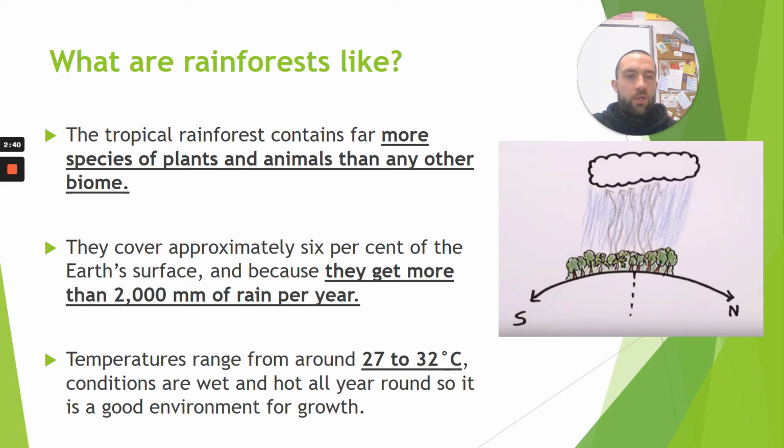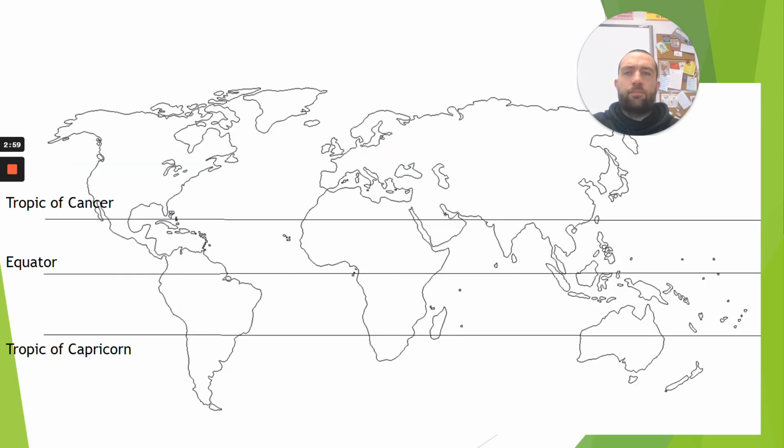But on the flip side, as well as the rain, it's always warm. So the temperature fluctuates between 27 and 32 degrees Celsius. It doesn't really go any lower or higher than that. So it's warm all year round and it's wet all year round. And that becomes more important in the next couple of lessons.